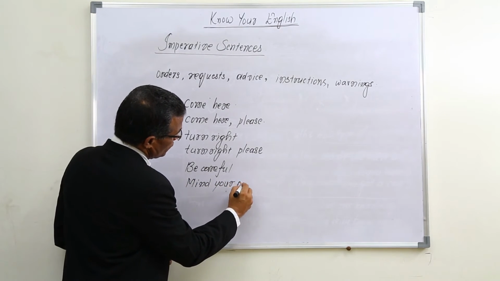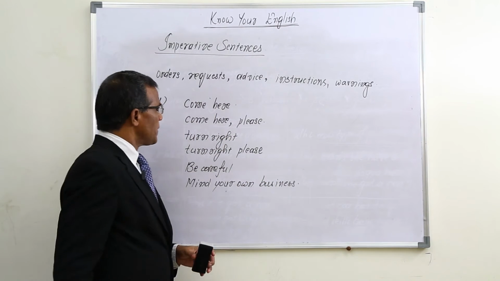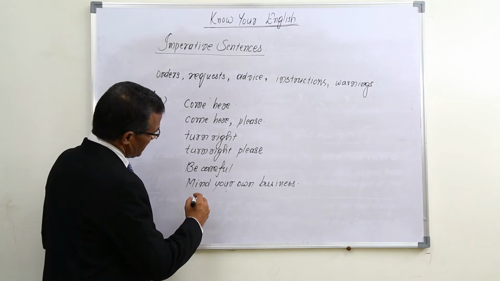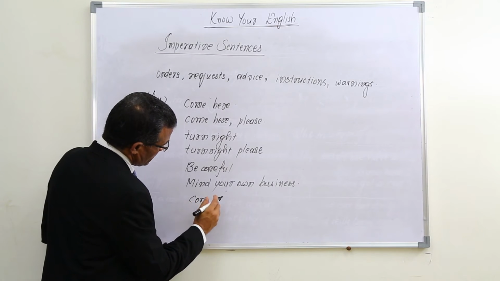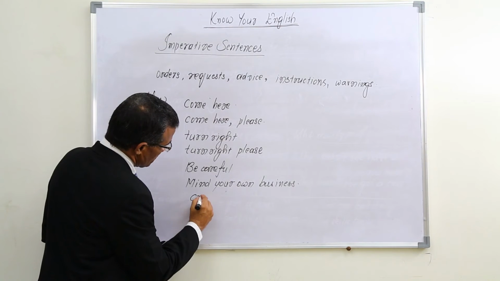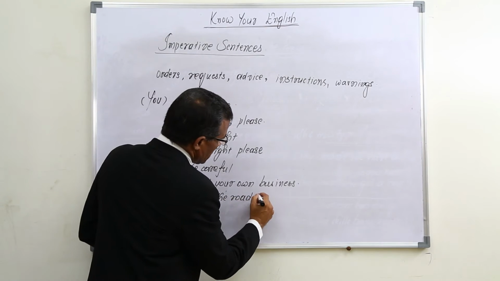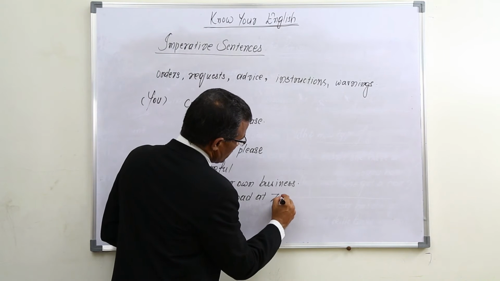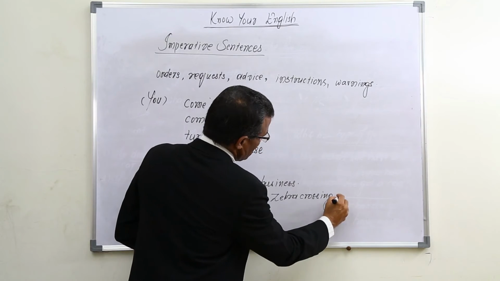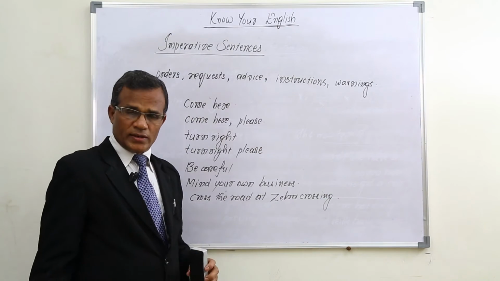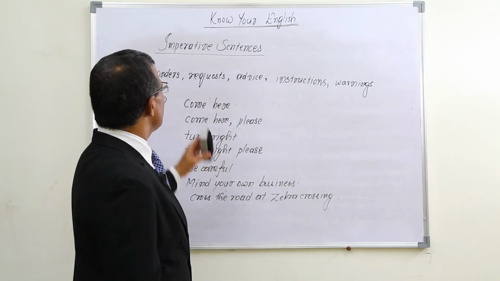And for example, cross the road at a zebra crossing. This may be advice. So we can use advice sentences, requests, orders, instructions, and warnings under imperative sentences.